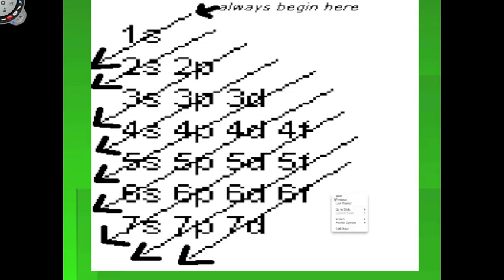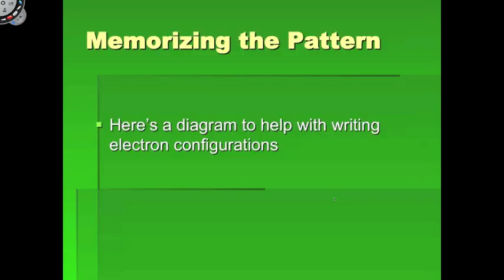Now, we can do it this way. I'll draw it from scratch and kind of show you how to do it. You start with the first column, and the first column is your S column.